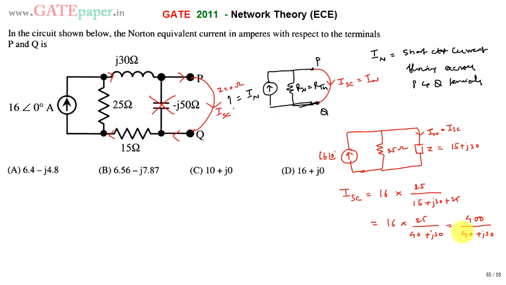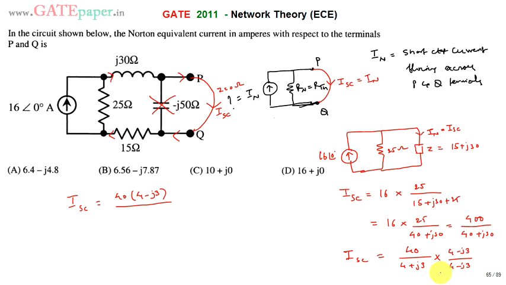If you take 10 common from the denominator, then ISC is equal to 40 divided by 4 plus J3. So take rationalization: multiply and divide by 4 minus J3. So ISC is equal to 40 into 4 minus J3 divided by A plus JB into A minus JB.